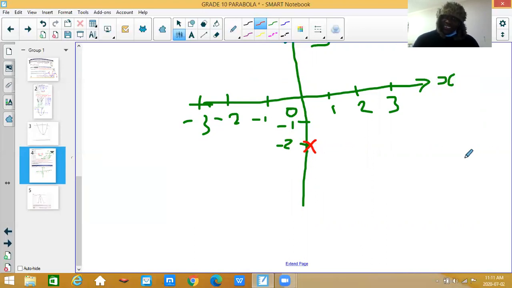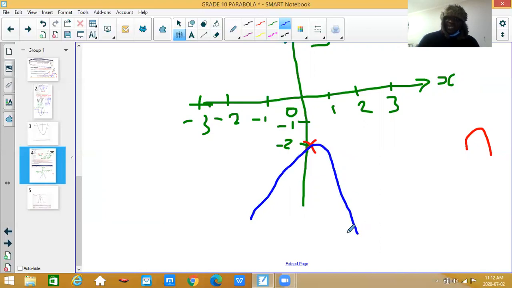And we noticed that since the coefficient of x squared is negative, our graph is a frown-shaped graph. So the graph that we are going to have here is going to be something like this. It is a graph that is facing downwards, and it continues this way and that way. This is how the graph looks.